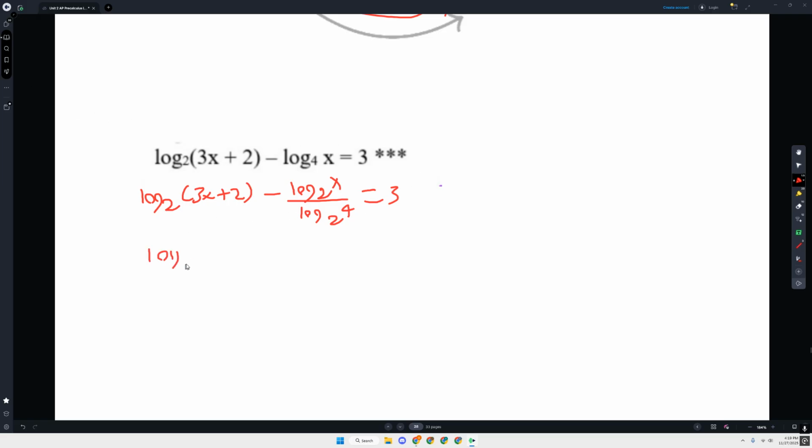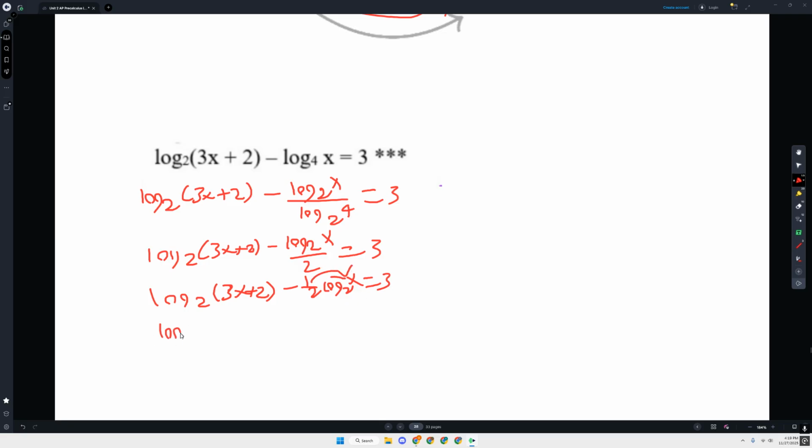So this would be log base 2 of (3x plus 2) minus log base 2 of x divided by 2 equals 3. Now I'm going to set that as log base 2 of (3x plus 2) minus 1/2 of log base 2 of x equals 3. Now we're going to put this on the inside, which means log base 2 of (3x plus 2) minus log base 2 of the square root of x equals 3.